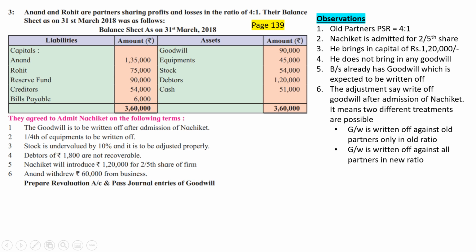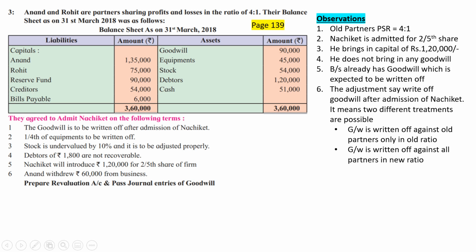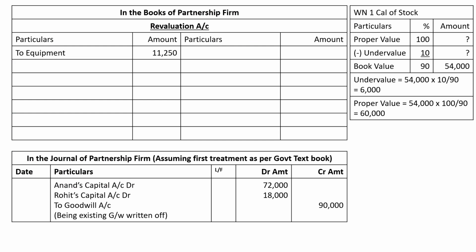Stock is already undervalued and it is to be adjusted properly. That means it should be brought up to its proper value. So we are going to take it from 54,000 and bring it up to 60,000. That means the undervalue or revaluation adjustment should be of rupees 6,000.